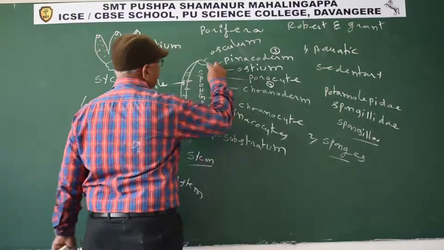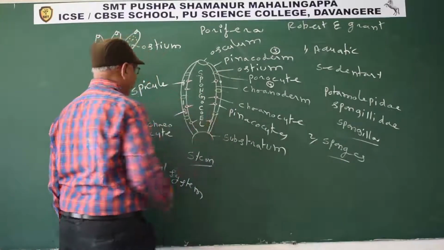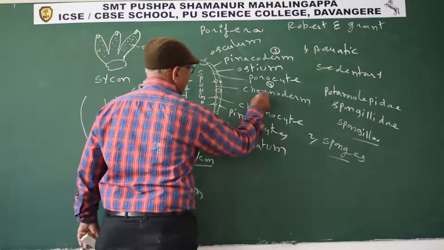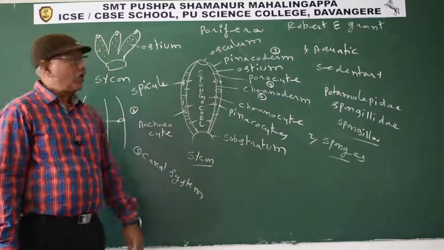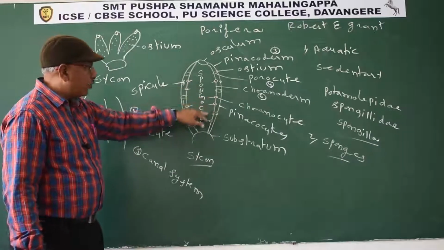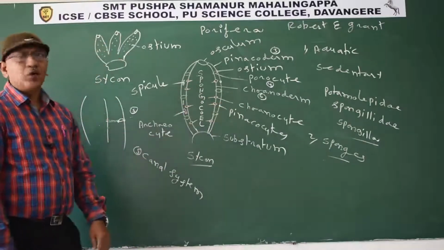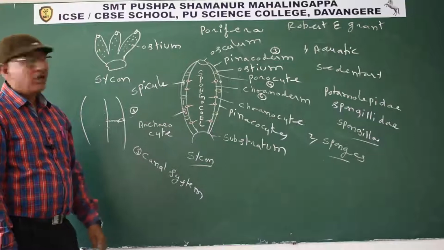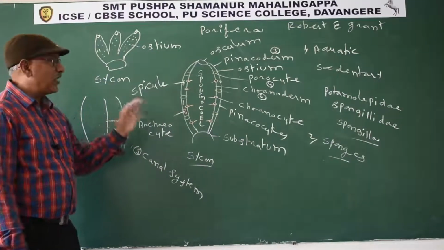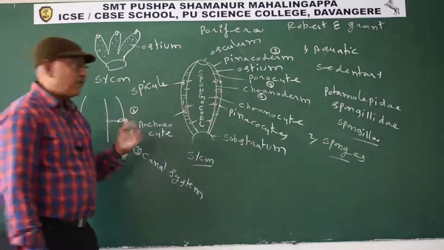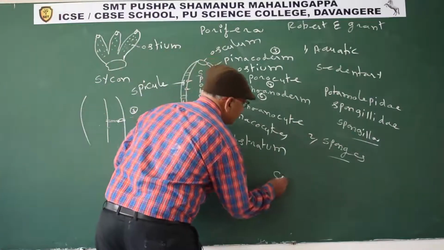Next point, inner layer. The inner layer of the body wall is the choanoderm. Choanoderm contains choanocytes. The choanocyte contains a flagellum, so they are also known as flagellated cells.